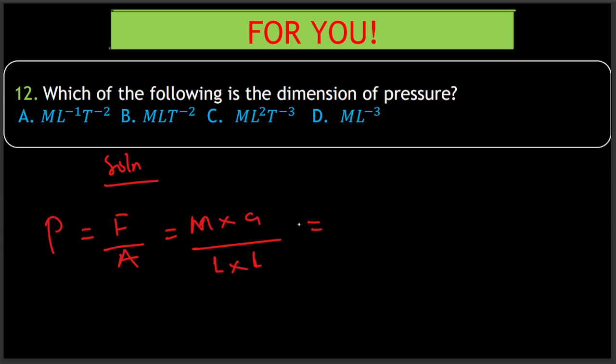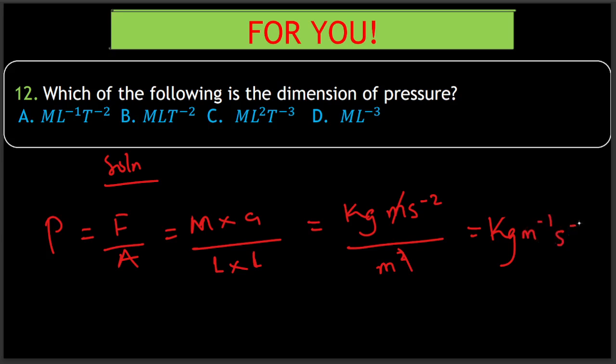Okay, so mass is kg, acceleration is meters per second squared, all over m squared. Okay, so this will take care of one of the m's down, so that you'll be left with kg per meter per second squared. Okay, so this is the unit.